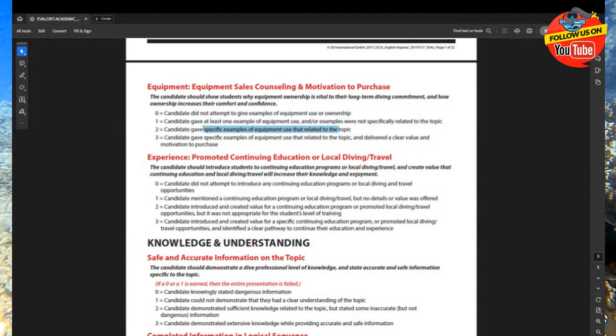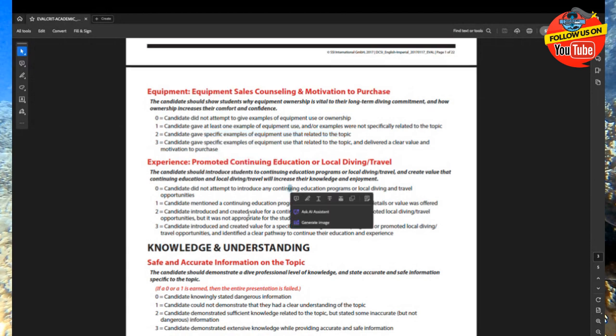Because dropping down, you gave specific examples of equipment, but in this case, we're talking about breathing injuries, and you're talking about a BC. Sure. So it's one of those areas that it's hard not to get a 3 as long as you're specific, right? Specific, and here's how to get it, and here's why you want it.